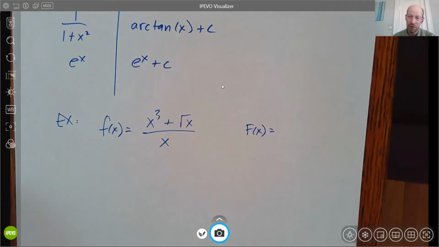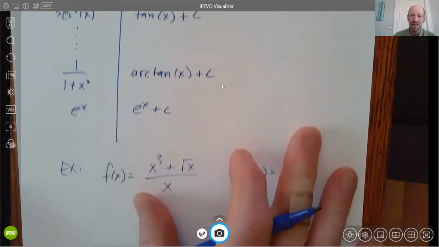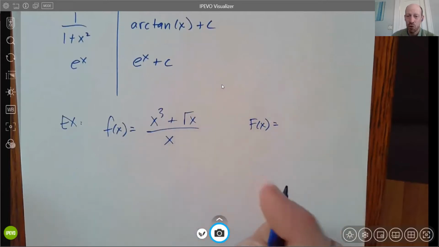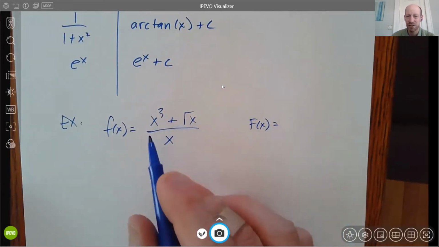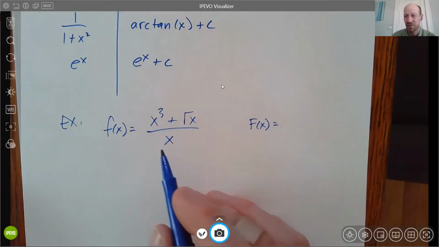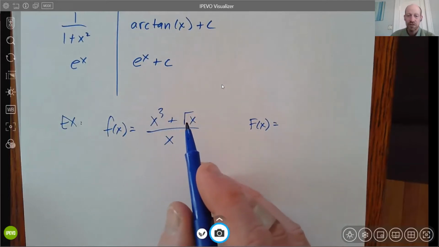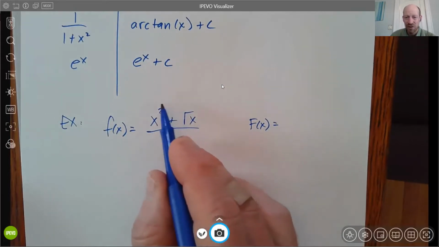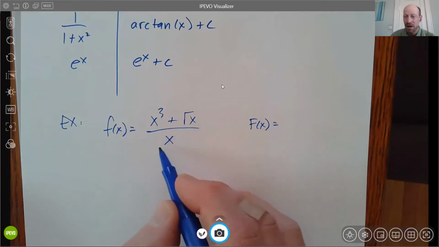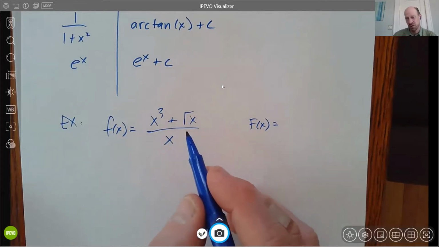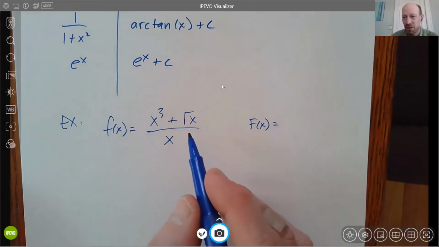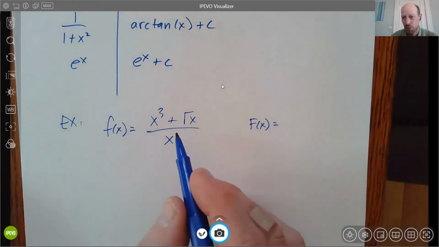But we only know how to do very limited things where I know directly what the derivative is, and I don't know any function whose derivative looks exactly like this. So I cannot take the antiderivative of the top and the bottom separately, because that's not how derivatives work either. A quotient is a quotient rule, and so it would be a very complicated derivative if I kept it as a quotient.